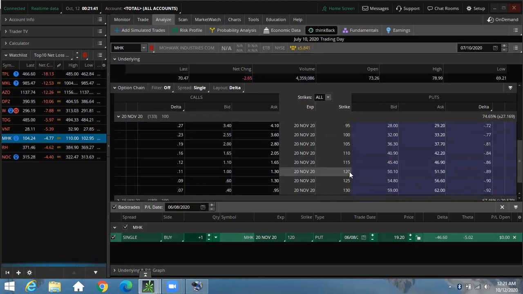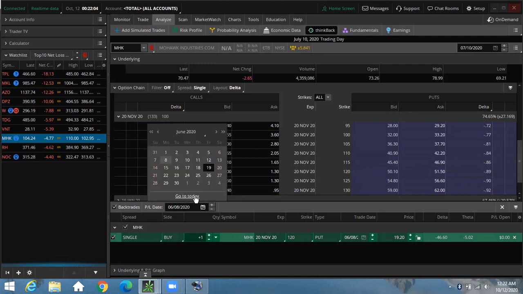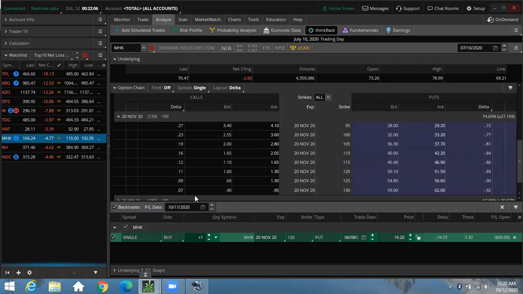You would either exercise your contract, make them buy the stock from you at $120 a share, make $500 over the price that you sold the contract at, which was $115, or you could keep your stock.